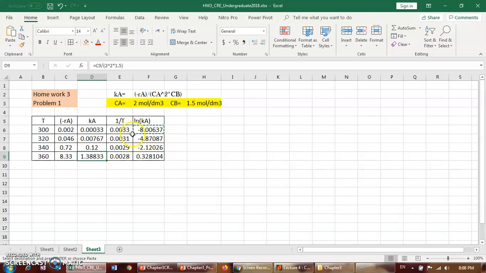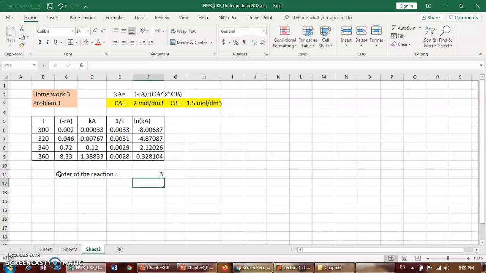Right. So now again, one thing is what is the unit of Ka? First, we need to ask what is the order of the reaction. If you see the reaction, Ca squared and Cb to the power 1, right? The power of the concentration is 2 plus 1, so the order of the reaction will be 3.